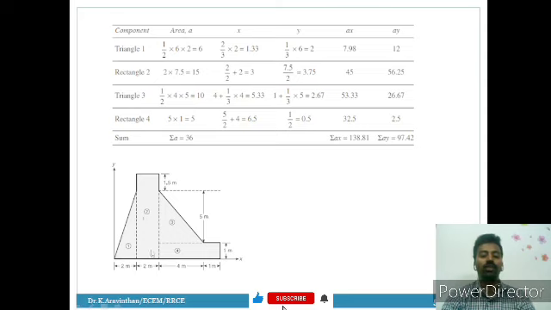Next, the overall height is 7.5. It will be 7.5 by 2, and for this triangle you have a distance of 1, so you have to add 1 from the plane: 1 plus 1/3 of 5. So this is the height, so 1/3 of height is the formula, 1/3 of 5.